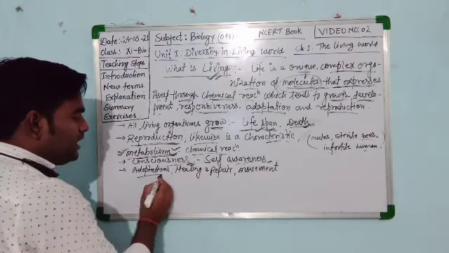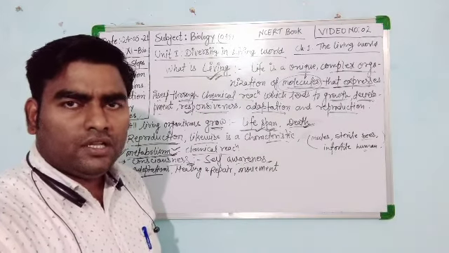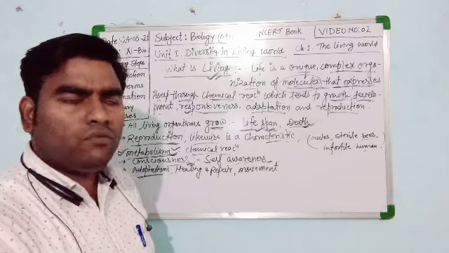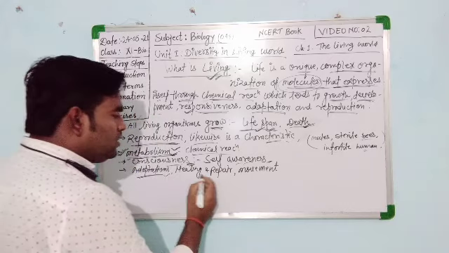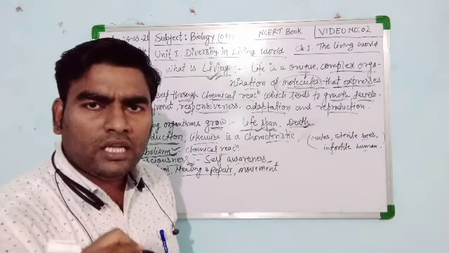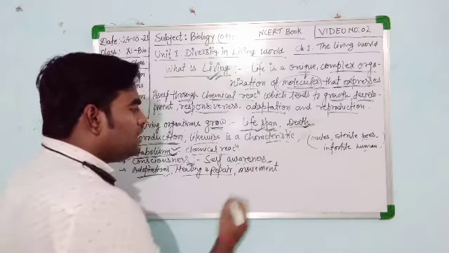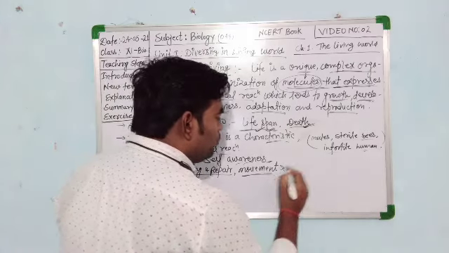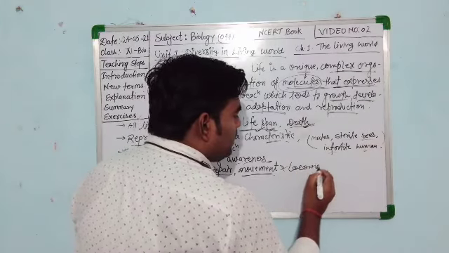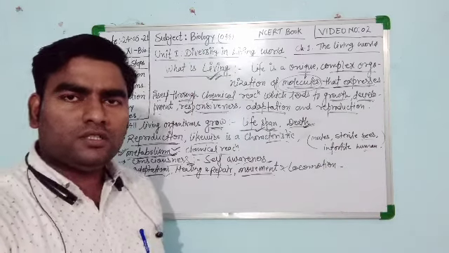As well as adaptation: organisms are adapted to different habitats, and they know which habitat is suitable for them. Then the healing and repairing capacity inside a body is also a characteristic of living beings. Movement and locomotion are other characteristics of living beings.